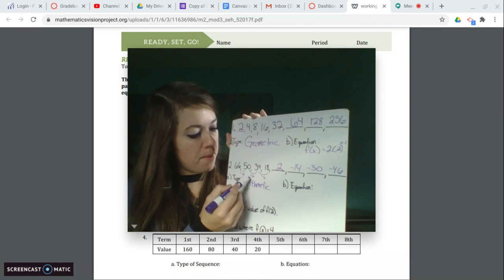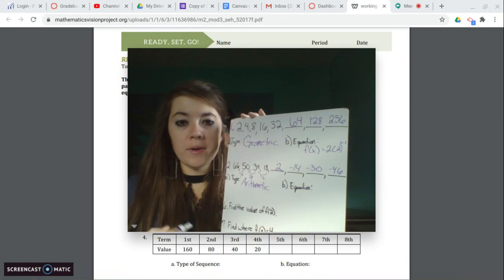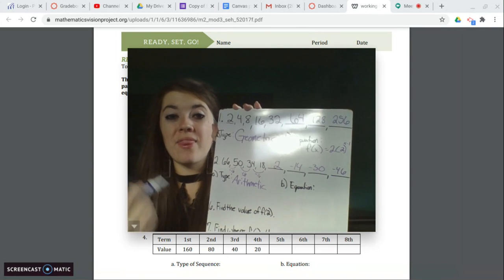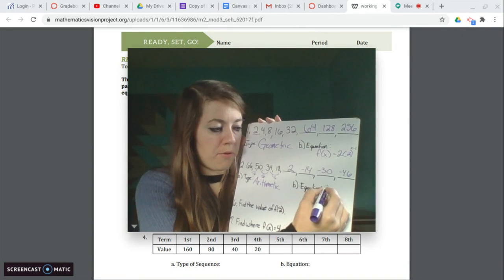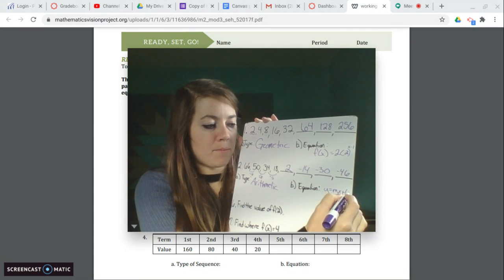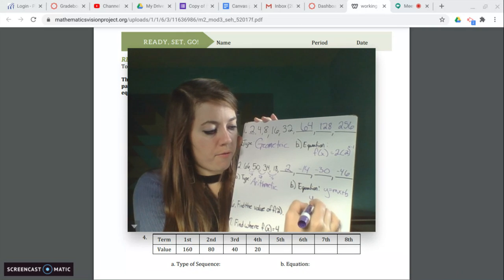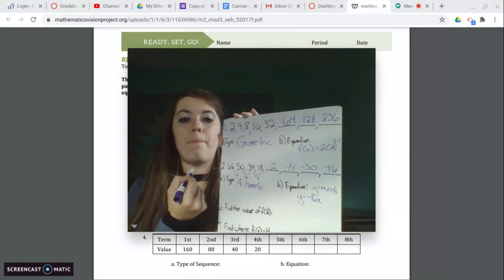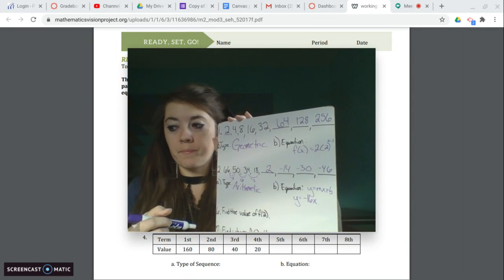Now, for our equation, remember, what we subtract by, sorry, that's a little hard to see for you guys, that is what your slope is. So think about it. Arithmetic equations are always in the form y equals mx plus b. So we're going to have y equals negative 16x plus, well, we need to go back to find the 0 term.